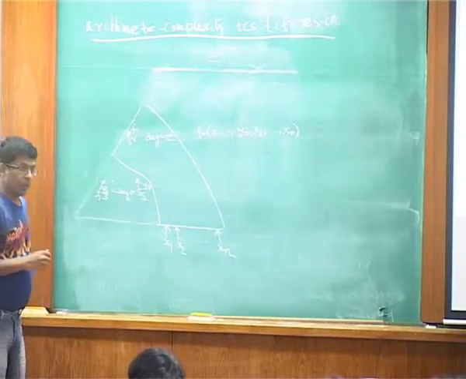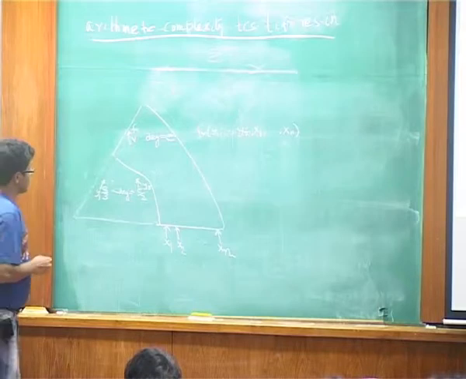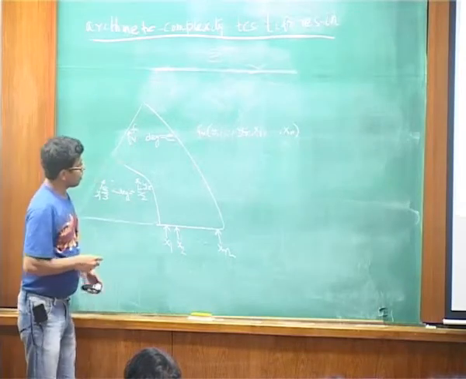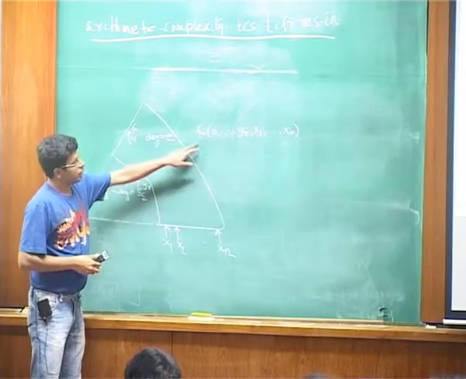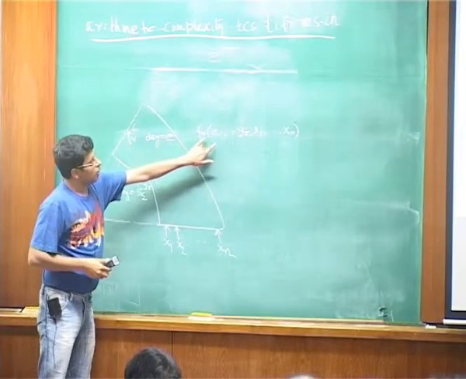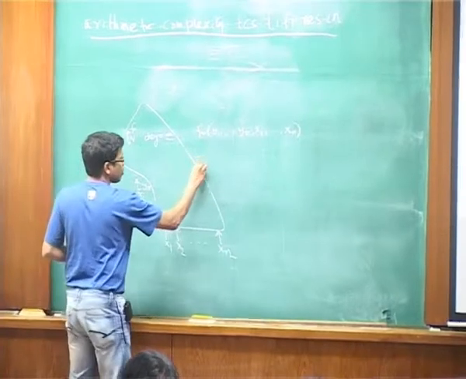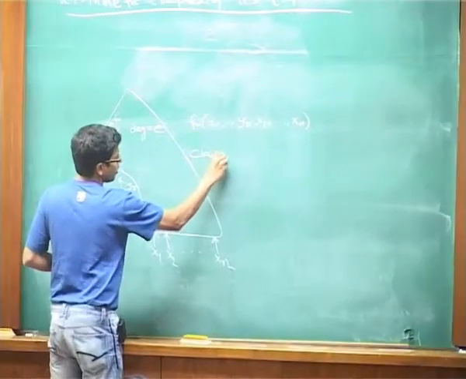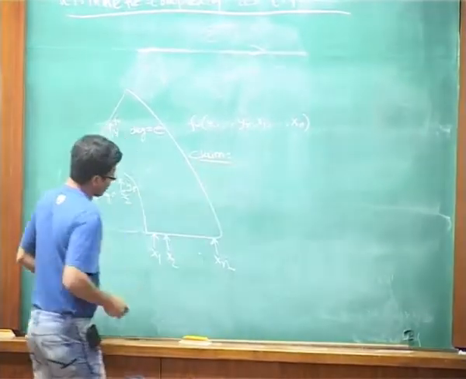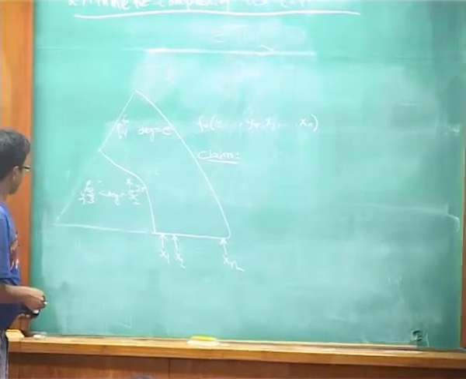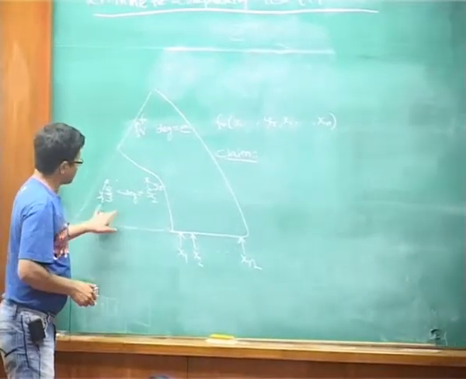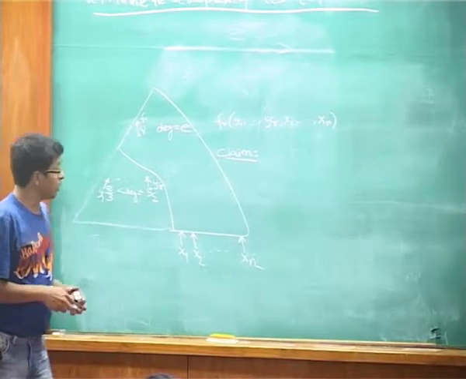Now let's look at the degree of Fv as a polynomial in the y variables. Here's the claim: this degree can be at most 2. Why is that?